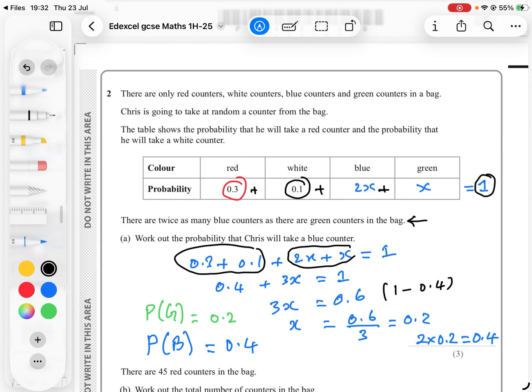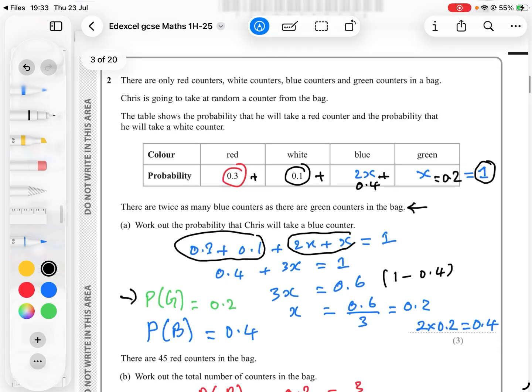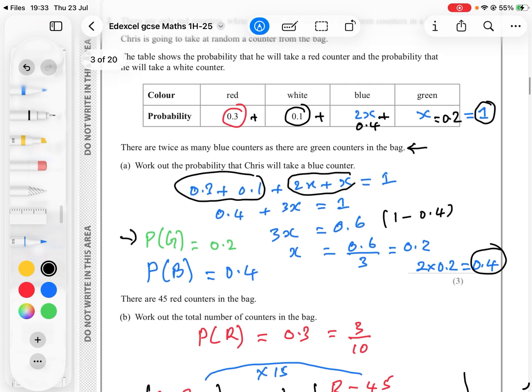So x equals 0.6 divided by 3, so x is 0.2. That means the probability of green is 0.2. The probability of blue is twice the probability of green, so it is 0.4. So the answer is 0.4.